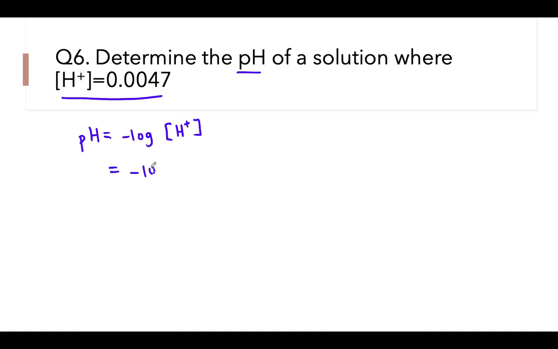So negative log 0.0047. When you punch that in your calculator, you get 2.3. That is my pH. So what can you conclude about it? It's very acidic. It's close to 0. The lower the number, the more acidic the compound is going to be.